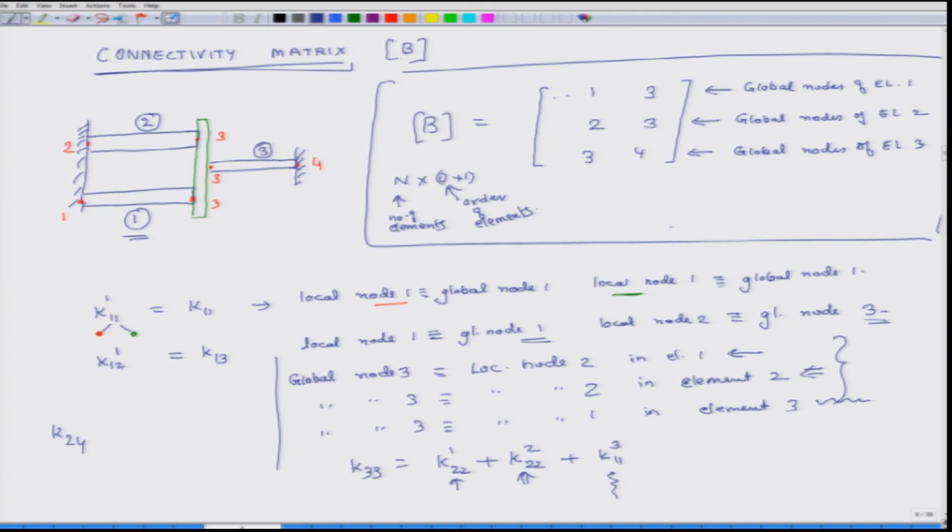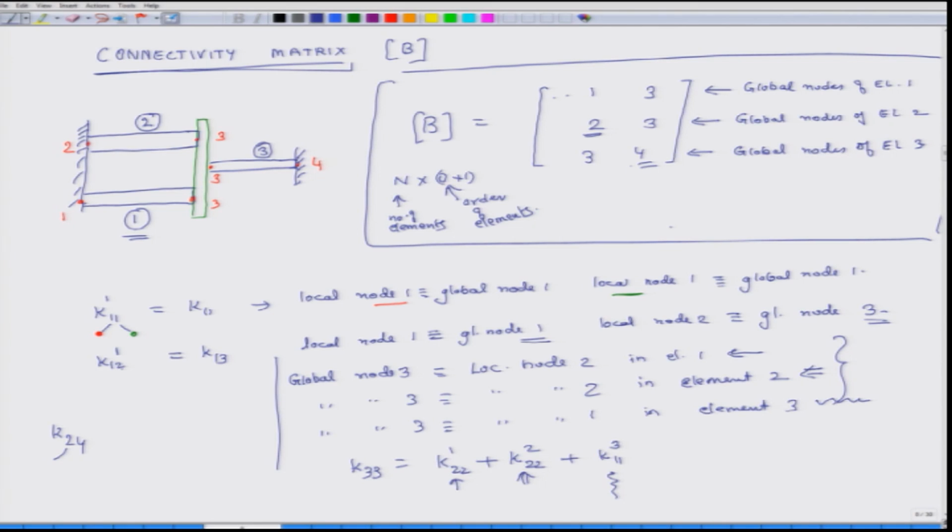So you see that this is global node 2, which is in the second element, okay, and global node 4 is in the third element, and this is the first node and this is the second node.